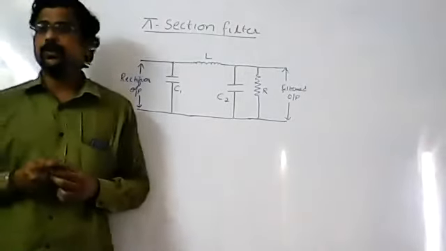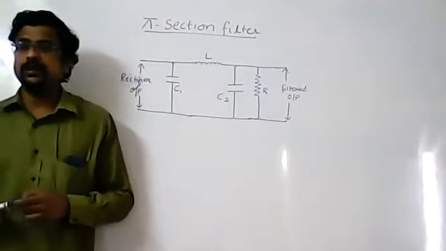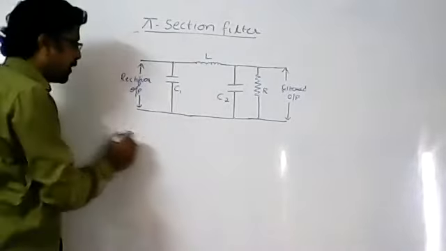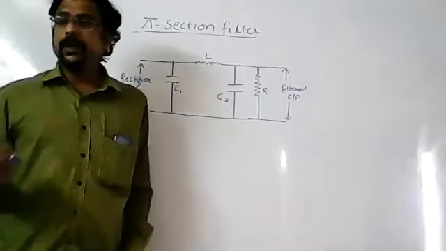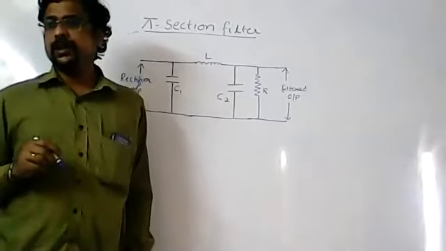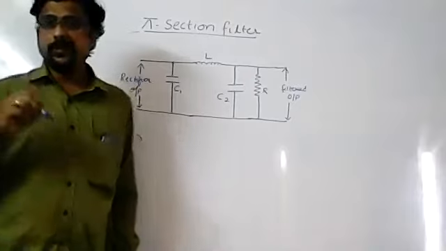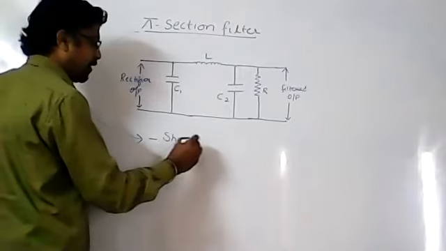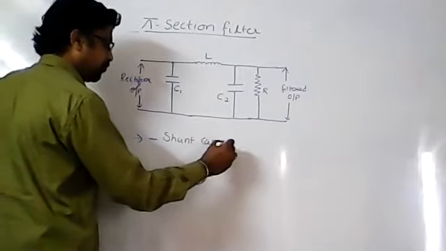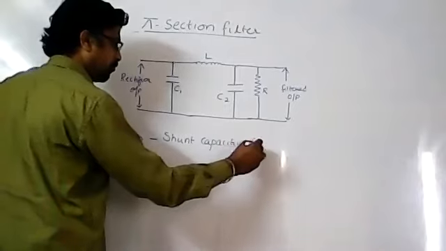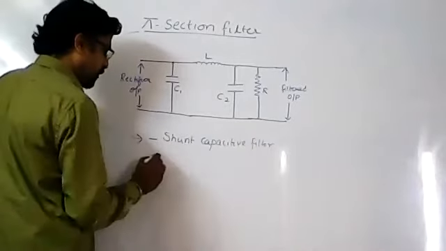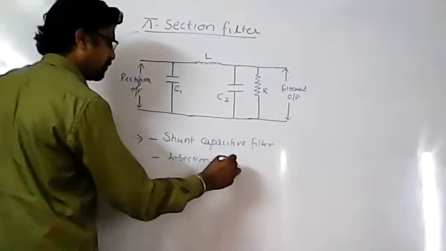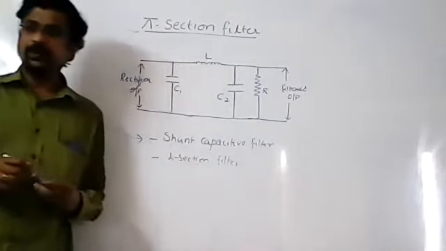So this is the circuit diagram of a pi section filter. A pi section filter is formed by combining two filters. The first one is a shunt capacitive filter, and the other one is the L section filter.